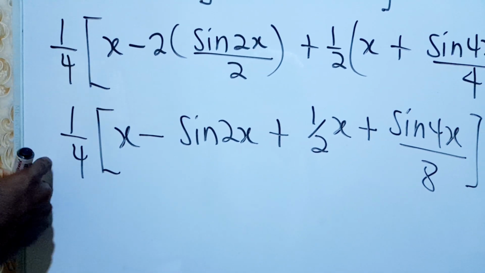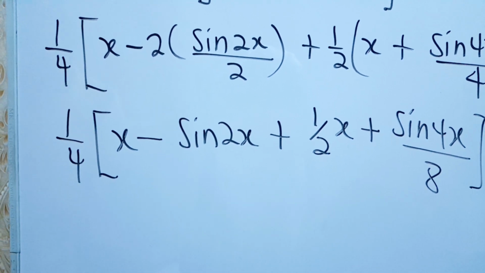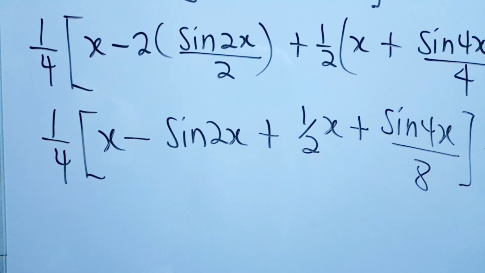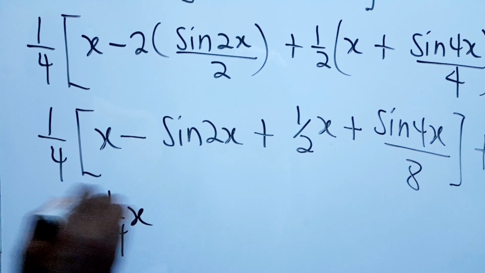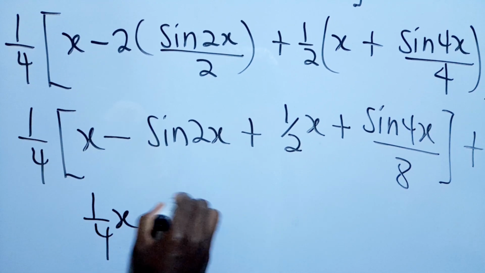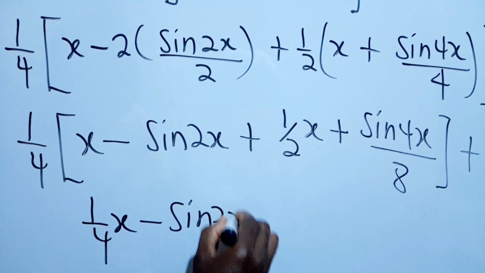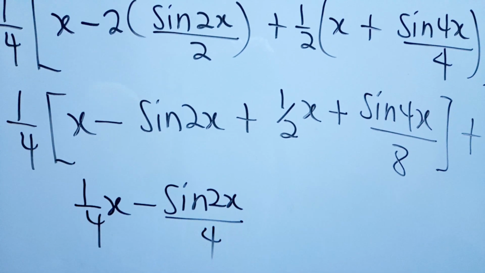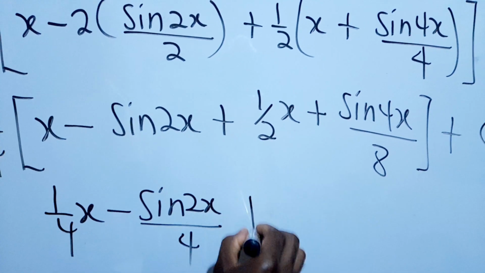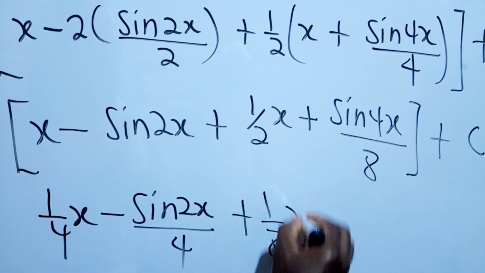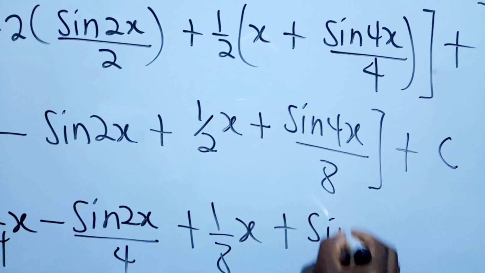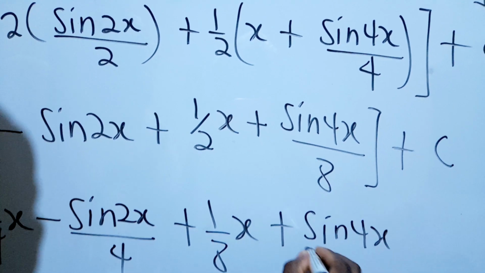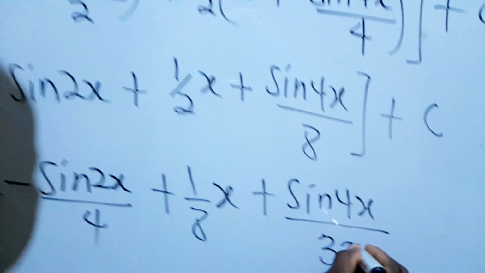So now you can use the 1 over 4 to multiply everything. So 1/4 times this will give us 1/4 x. Then 1/4 times this will be minus sine 2x over 4. 1/4 times that will be plus 1 over 8 x. Then plus 1/4 times this will be sine 4x all over 32.